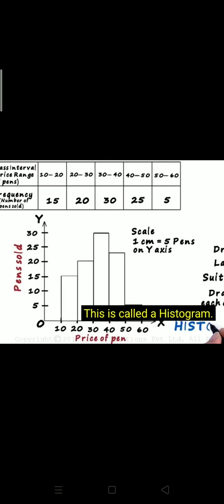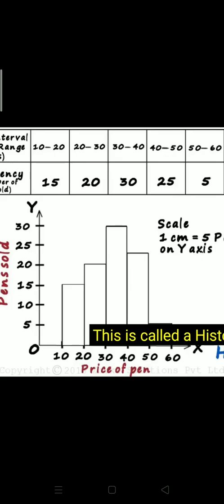Now did you see how the bars are formed? They are all connected to each other. Why? Because the class intervals are connected to each other. We have continuous class intervals. It is not like 10 to 20, then 30 to 40. Otherwise, the diagram would have been something else. But here, it's a continuous one.